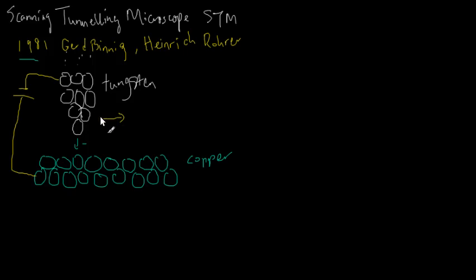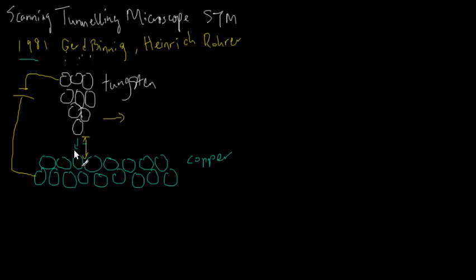Now, as it moves, the distance between the tip of the needle and the surface of the metal keeps changing, because if this tip is directly over an atom, the distance will be shorter. But if it is over the gap between two atoms, the distance would increase.